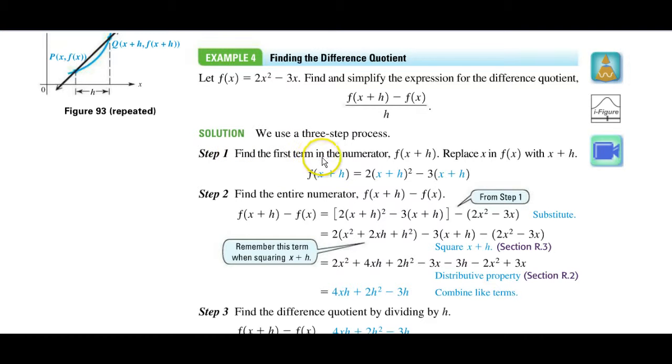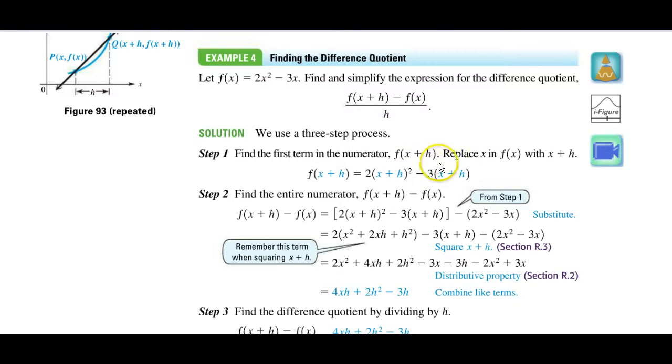Find the first term in the numerator and replace this x with x plus h. So this x up here is replaced with x plus h. Now this becomes a binomial that we will later square. And then this x again with x plus h.